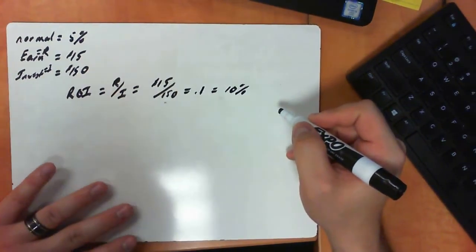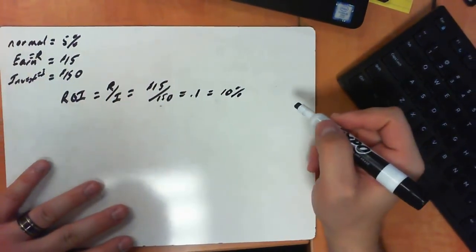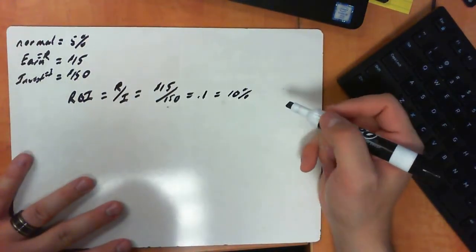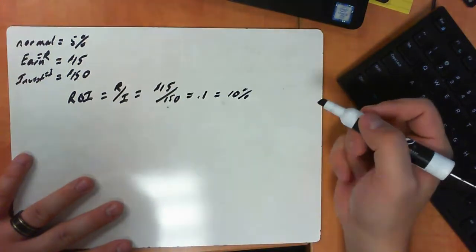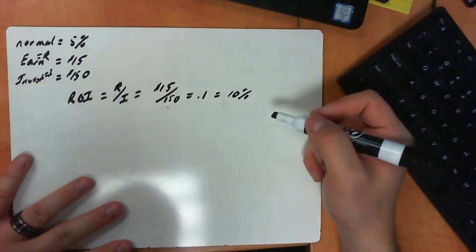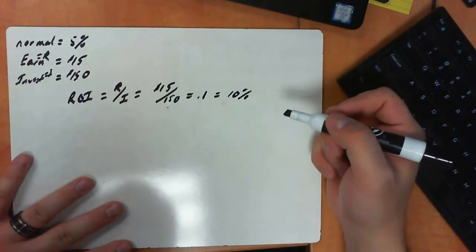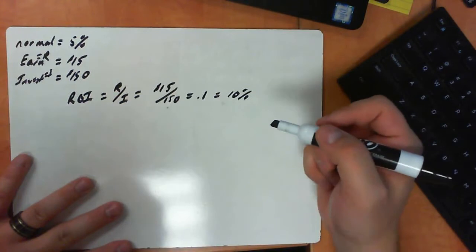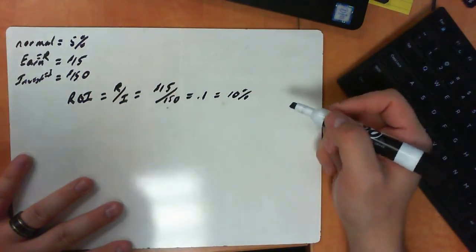So, is the firm earning an economic profit? Well, the way we say this is yes, the firm is earning an economic profit. How much is their economic profit? Well, the economic profit is equal to the difference between the actual percentage rate of return and the normal rate of return in the economy.